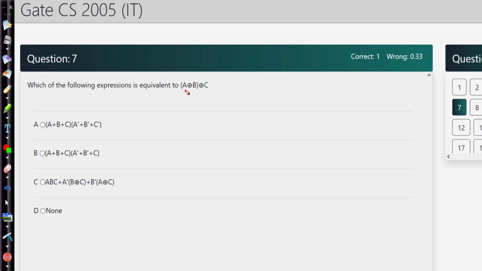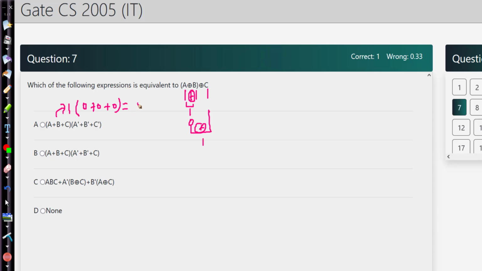Let me put A to be 1, B to be 1, and C to be 1. 1 XOR 1 will give me 0, and 0 XOR 1 would give me 1. Now if I put the same values 1 1 1 here, this would give me 1 multiplied by 0 plus 0 plus 0.